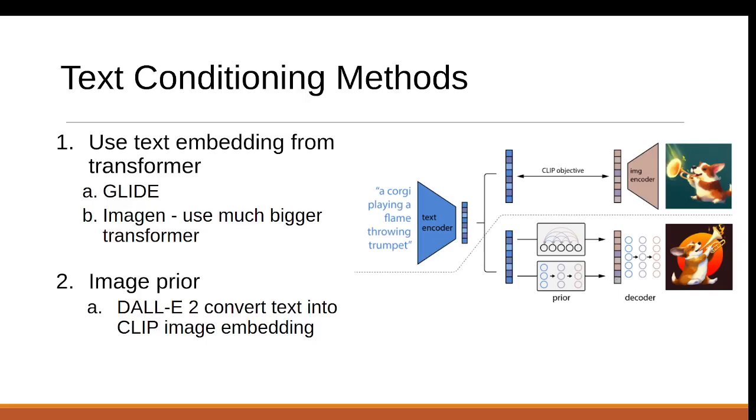So there may be something that is better represented by the image rather than words. So they do it. But then I think later Google just used the text embedding from the transformer, and they produced a good result. So I was thinking maybe this step is not really necessary if you have a bigger transformer.